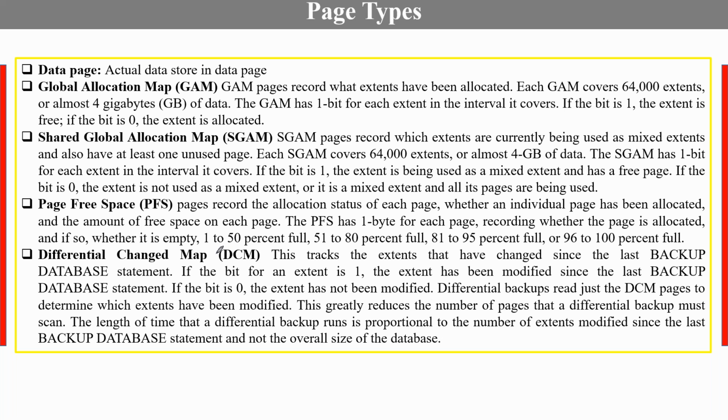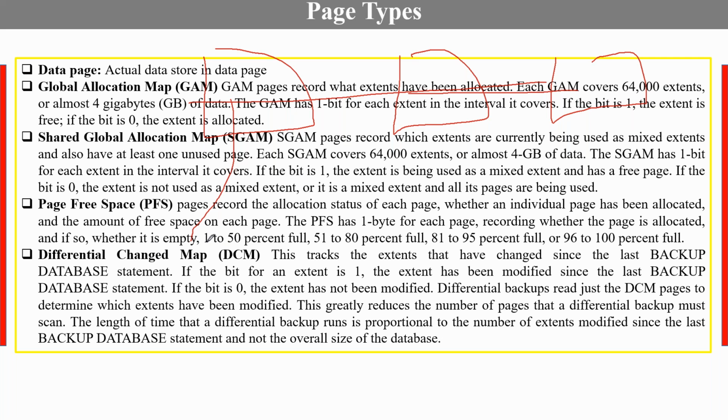How does the differential backup capture them? The changes that are affected will be stored in the DCM page. Say after a full backup, you have modified three extents. These three extents' information will be logged in the DCM page.